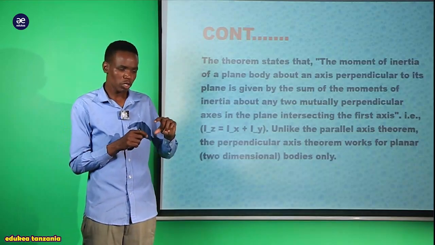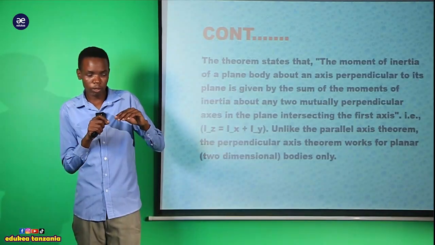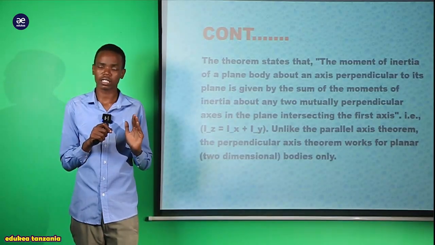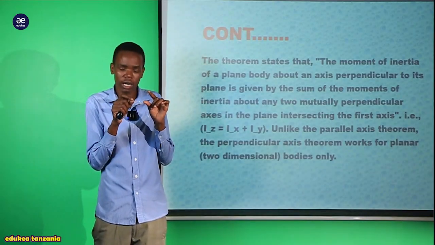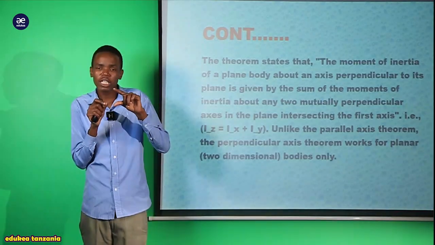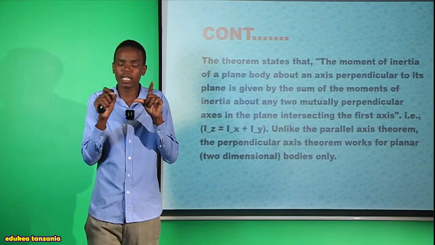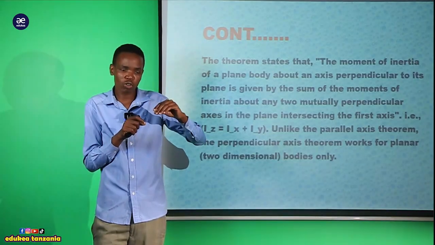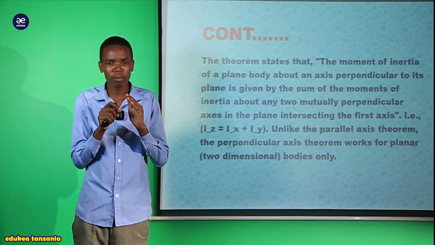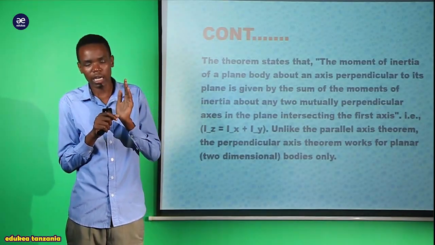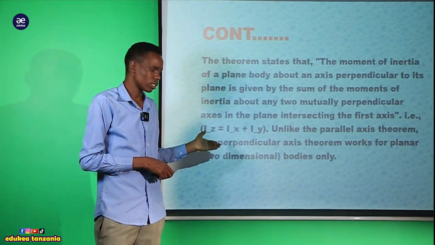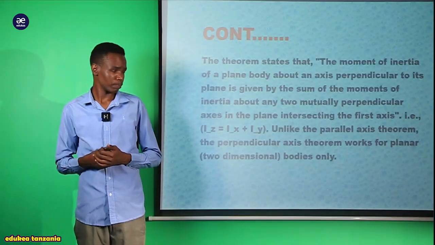Kwamba ili tuweze kupata sasa ile moment of inertia, wanasema tutachukua ile moment of inertia ambayo iko perpendicular lying along the z axis, which is equal to the sum of the moments of inertia that lie mutually perpendicular to each other. It means tutachukua ile moment of inertia along the z axis, which is equal to the sum of the moment of inertia along the x axis, then we add the moment of inertia along the y axis. This is how our law says it.